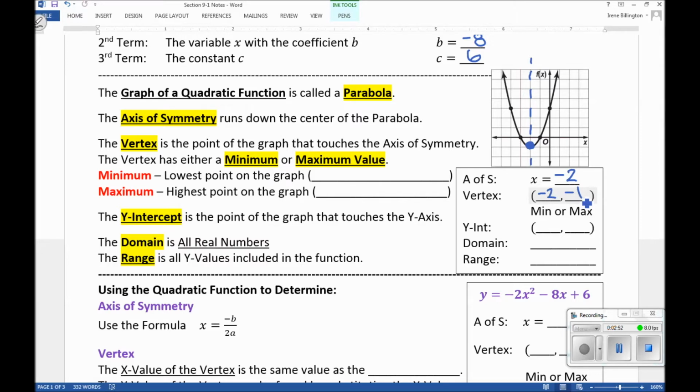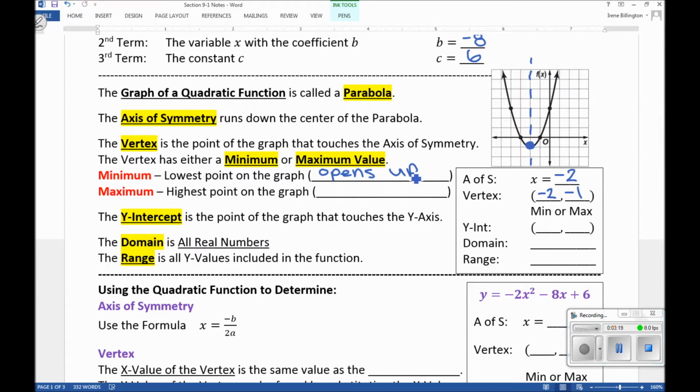That vertex is going to either have a minimum or a maximum value. A minimum value would be the lowest point on the graph. If a parabola has a minimum value, my parabola is going to be opening upwards. So you'll notice that if we look at our parabola, our arrows are pointing up.